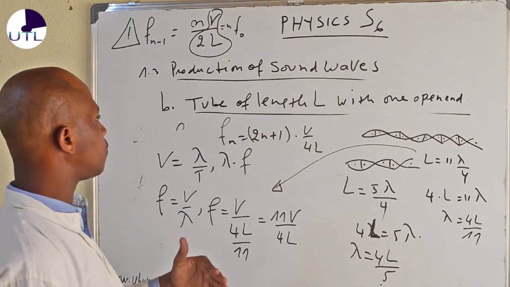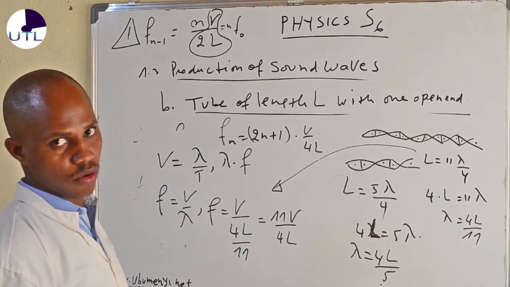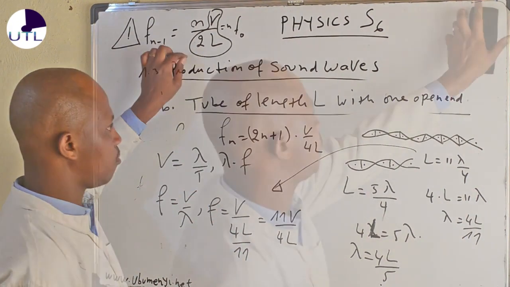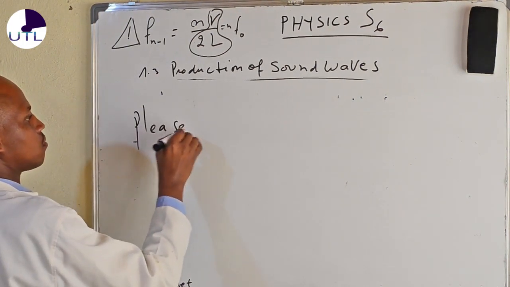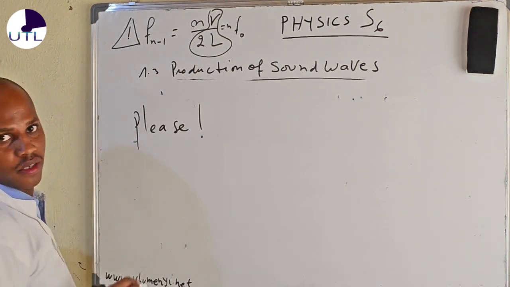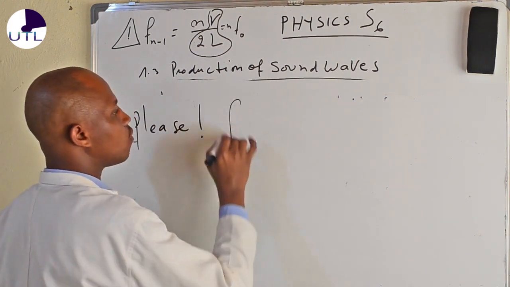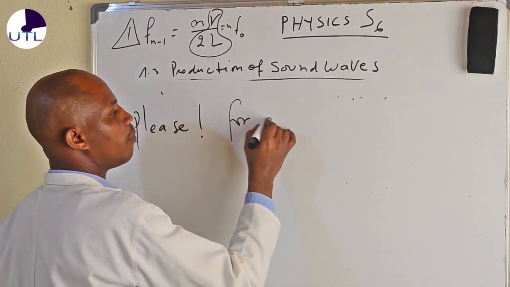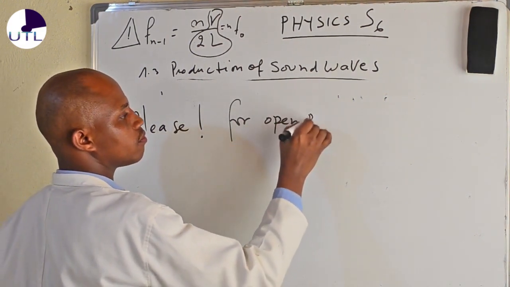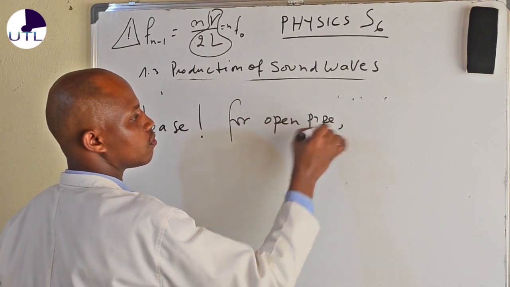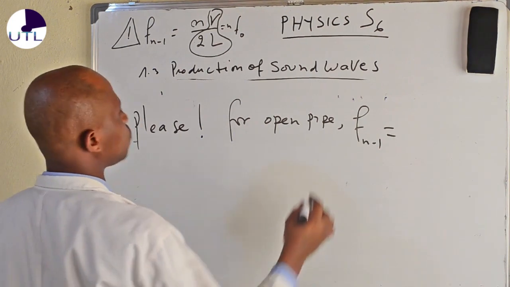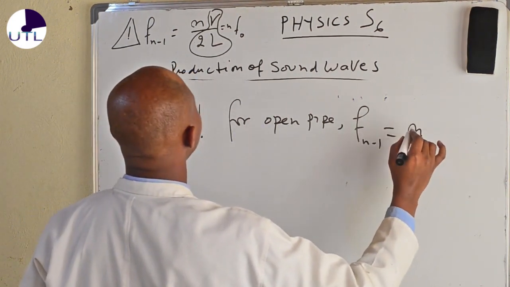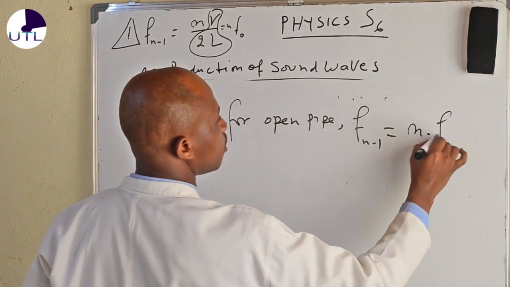And previously we have seen when the pipe is open, we're having this formula. Please note this. For open pipe, Fn was equal to n times the fundamental.